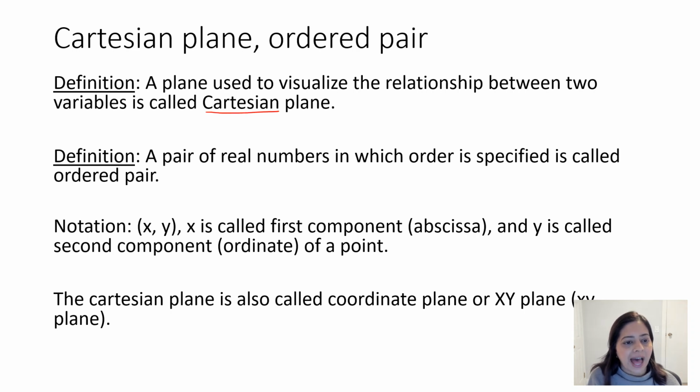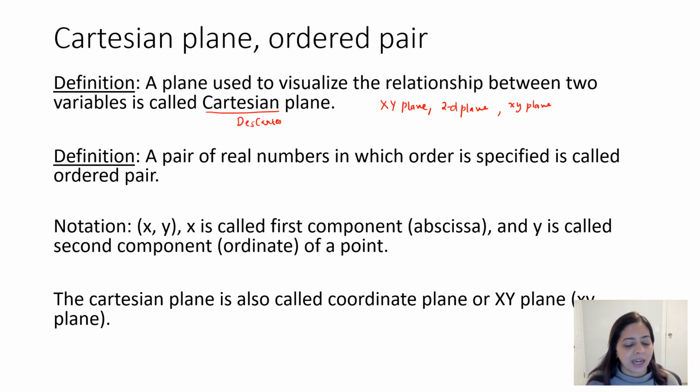It's actually given by the name of the mathematician Descartes. So under his name, we get Cartesian plane, but if you do not want to use the term Cartesian plane, we can simply call it XY plane or 2D plane, two-dimensional plane, or simply just a plane.